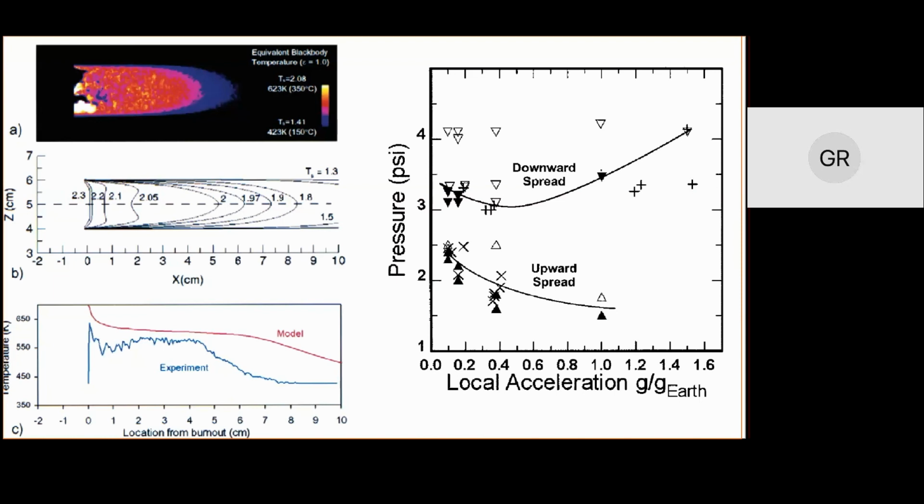Now for the downward case, you can see we have a shape which is similar to the oxygen versus G, and again the lowest G is not on Earth. This is somewhat expected. The upward case is a little bit surprising, and it's sort of monotonic, but I have some reservation on how difficult it is to obtain the upward spread limit. So we will come back to that later.